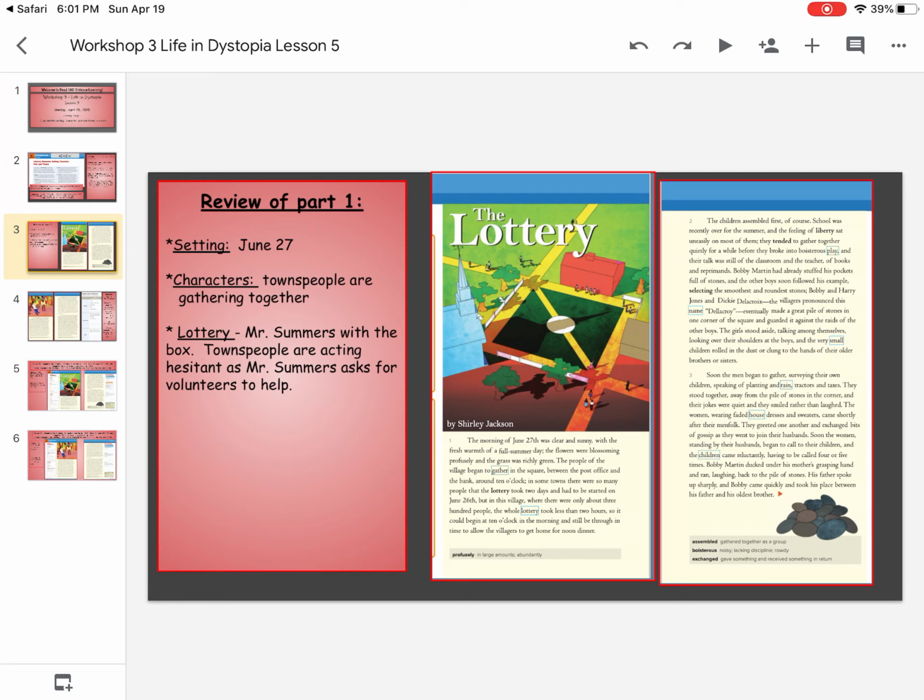It's the townspeople, the villagers gathering together for this event. And we know that Mr. Summers is the person with the box, and the townspeople are acting hesitant as Mr. Summers asks for volunteers for help.